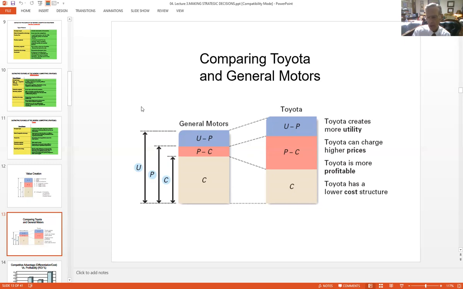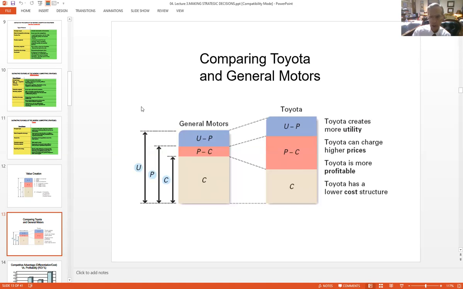But you can see that because Toyota offered a higher quality product and could charge a higher price, and because Toyota was so efficient, famous for quality control methods such as Kanban and Kaizen, which it invented, Toyota's costs of production were lower than General Motors, yet it could offer more value and charge a higher price. So its profit margins were and still are much higher than General Motors and other auto producers.